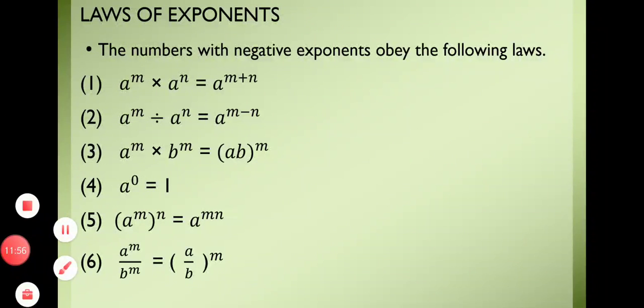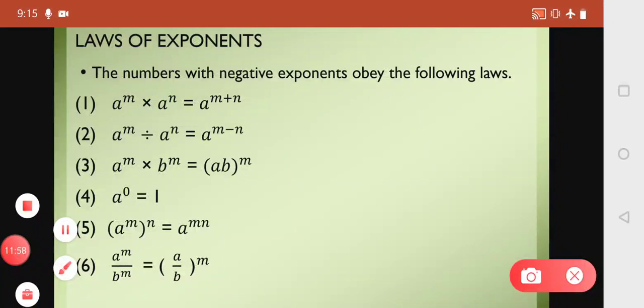power raised to power. That is, a raised to m raised to n. Already we know that an exponential form has a power, and that is again raised to another power, that is a raised to m raised to n.